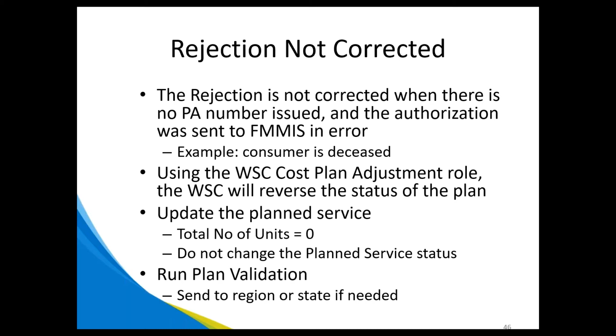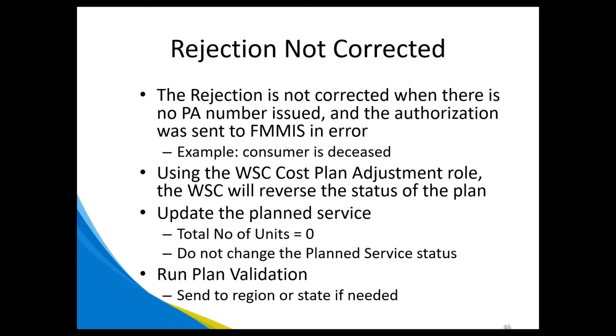So in cases where it was sent to FMIS in error, let's say, for example, maybe the consumer is deceased, and what you meant to do was end that authorization. You're not going to do a lot for those kinds of plans. All you're going to do is use that WFC cost plan adjustment rule, reverse the status, and zero it out.